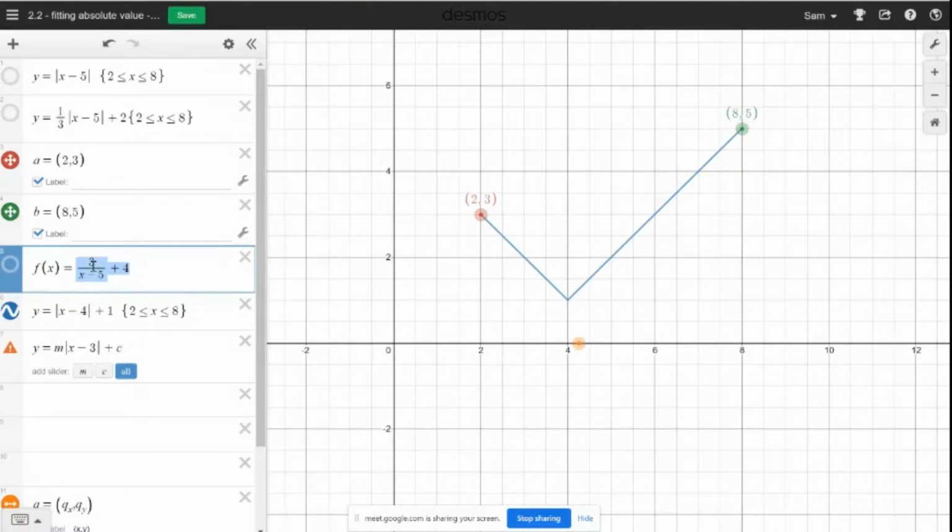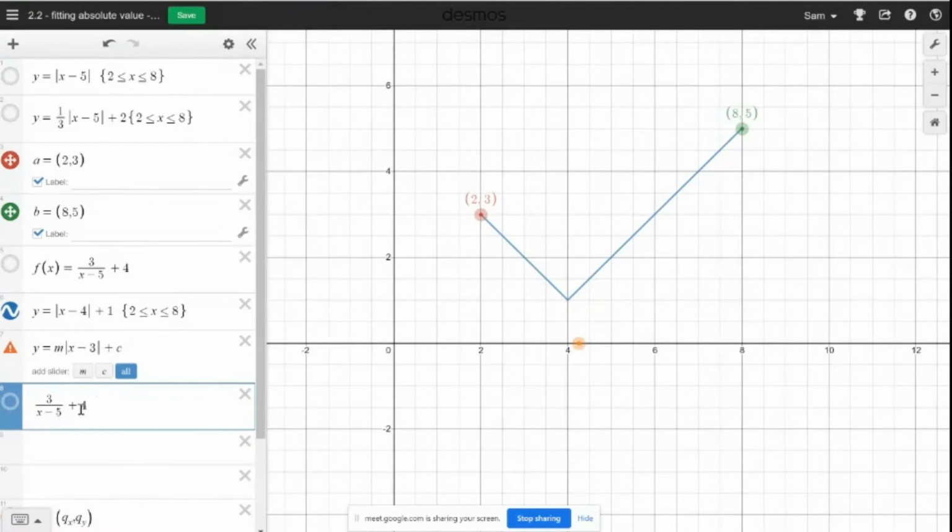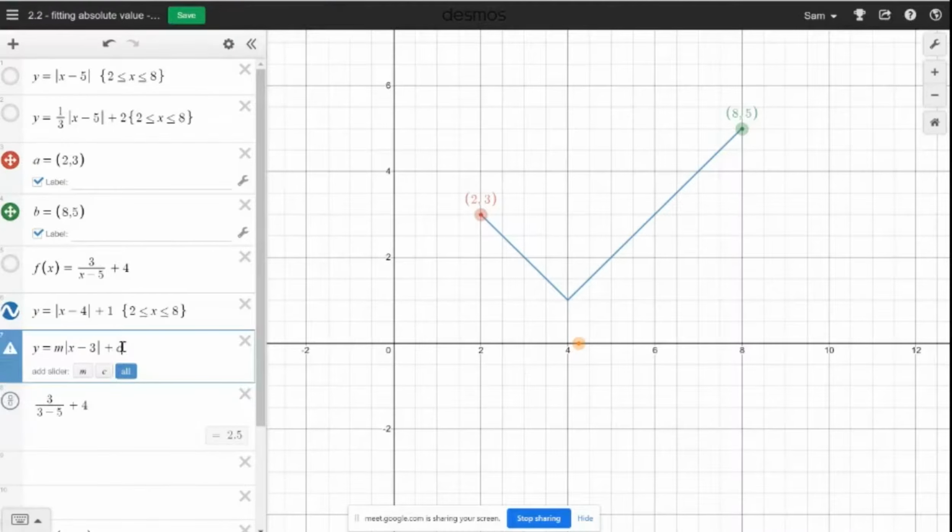We use the function of our hyperbola to find the y value that corresponds to this x value. So I'll substitute in x equals 3. And you can do the maths, but that comes out as 2.5. So this should be shifted up by 2.5.